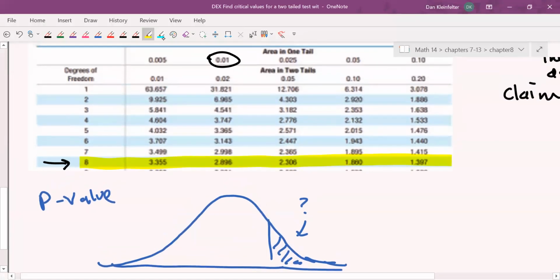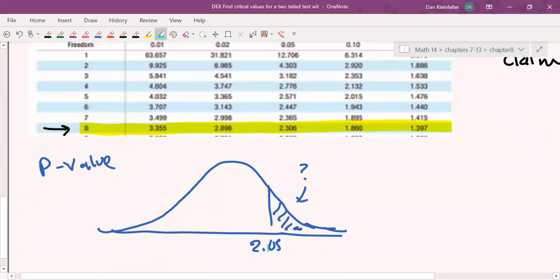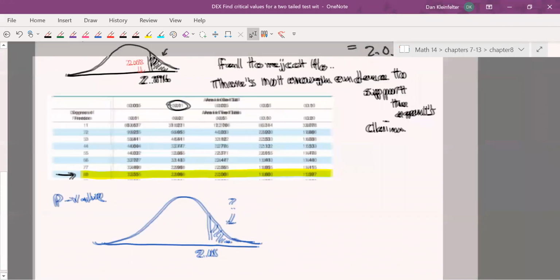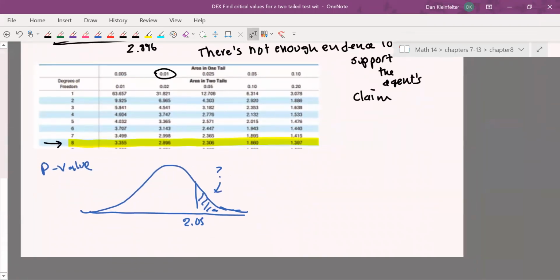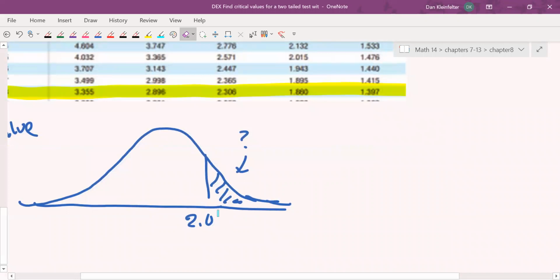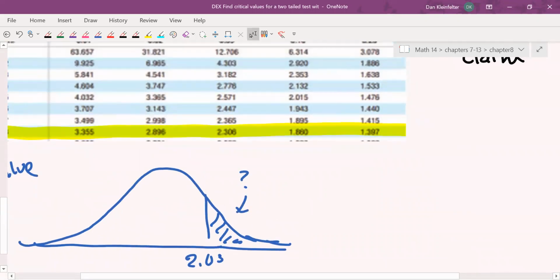Notice that on the right, we get 1.397, then it goes up to 1.86, 2.30, 2.8, then 3.3. So it's getting bigger as you go right to left, or smaller as you go left to right. We just have to figure out if there were a 2.03, where would it be?